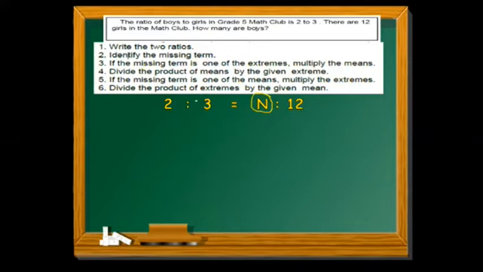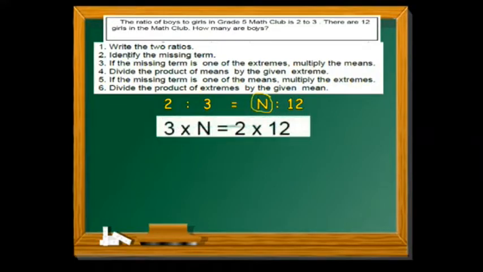So, the first thing we need to do is we will multiply. 3 times n, equals 2 times 12. So, this is the means and this is the extreme. After we multiply, 3 times n is equal to 3n, and then 2 times 12 is equal to 24.